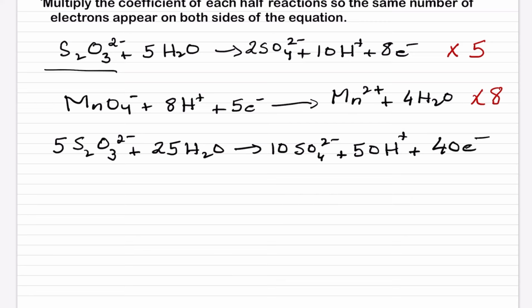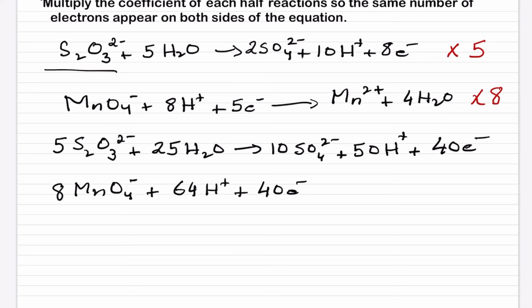The next equation we have to multiply by 8. So 8 MnO4- + 8 8s are 64 H+ + 40 electrons. Now this also gets 40 electrons.